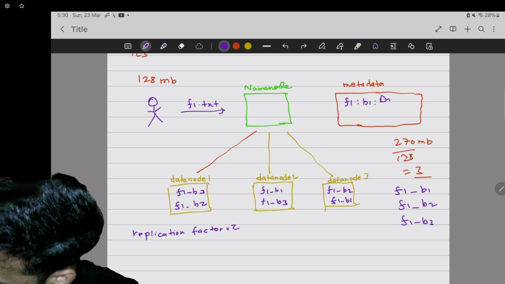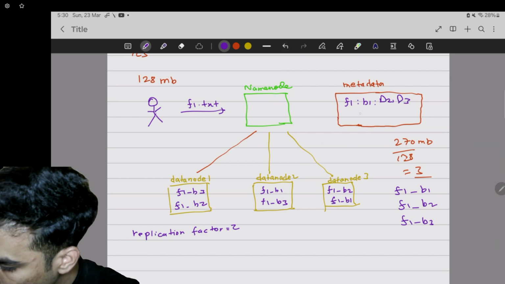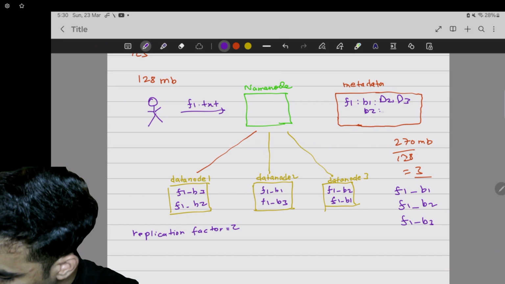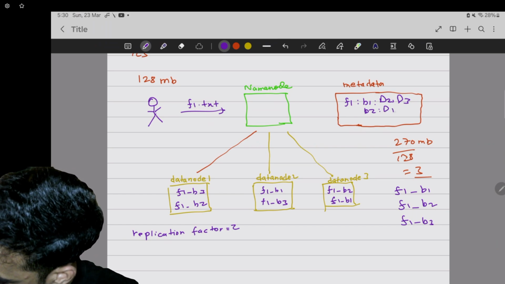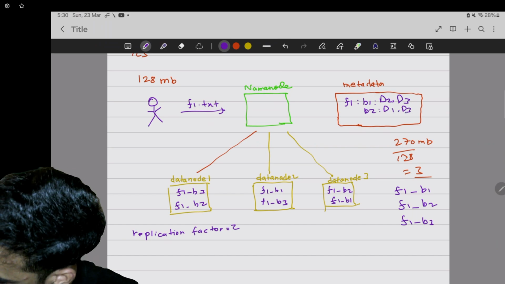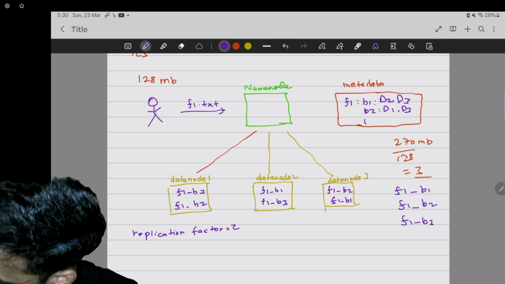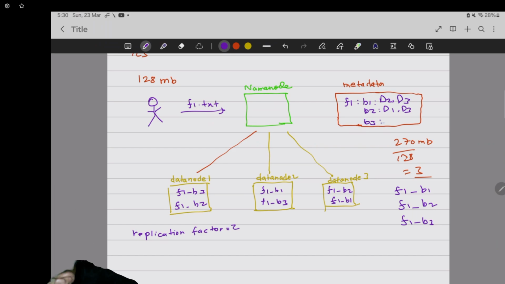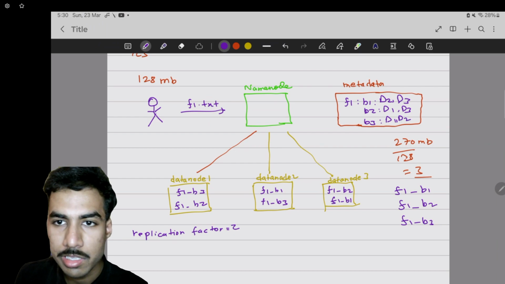Sorry, it will be d2 and d3. The b2 block is stored in d1 and d3, and the b3 block is stored in d1 and d2. That much is clear.